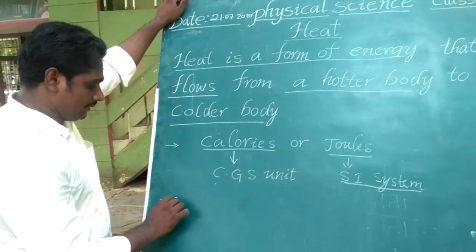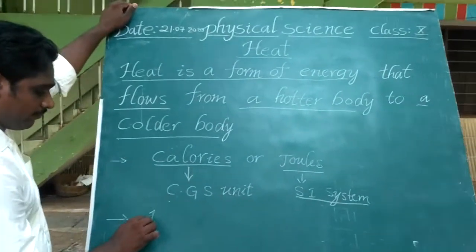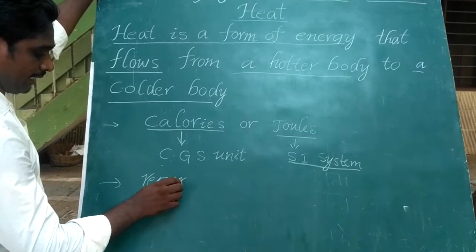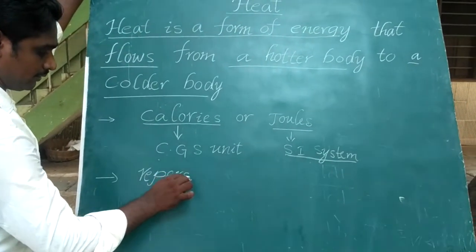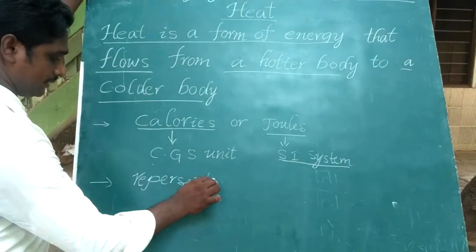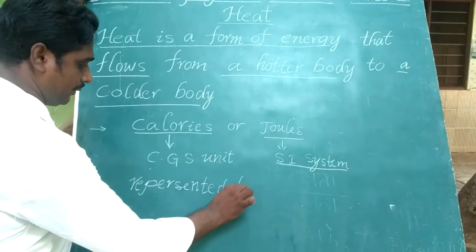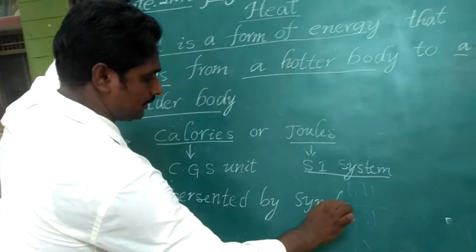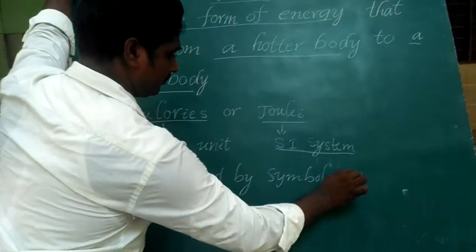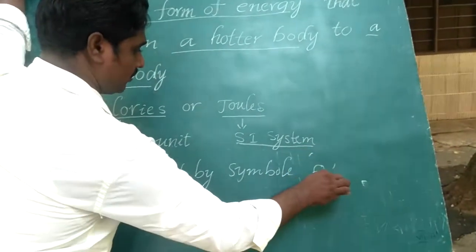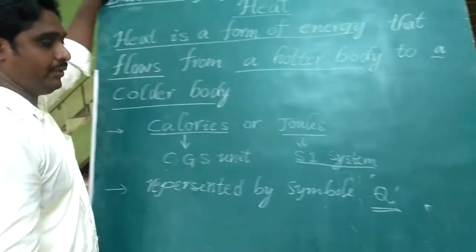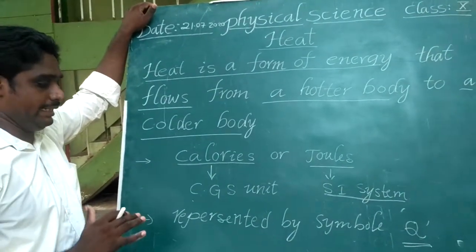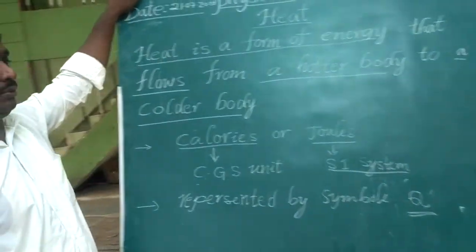The heat is represented by the symbol capital Q. Here, what do you understand? Q means heat. That is, heat is represented by the symbol Q.